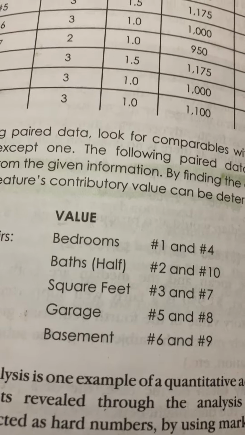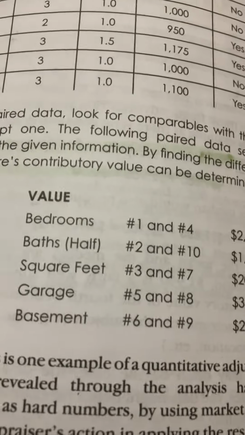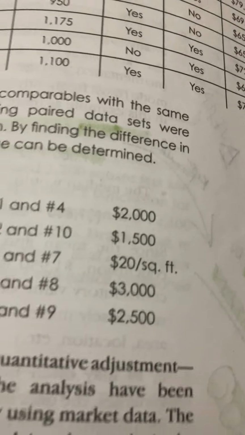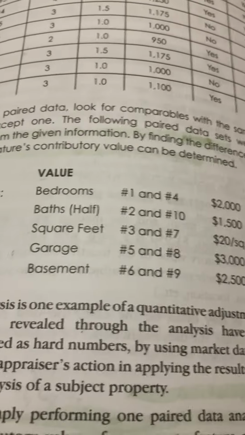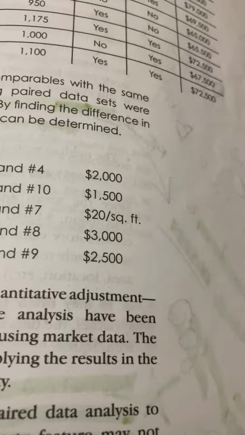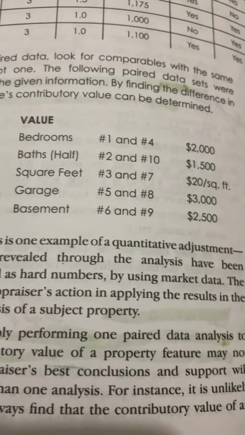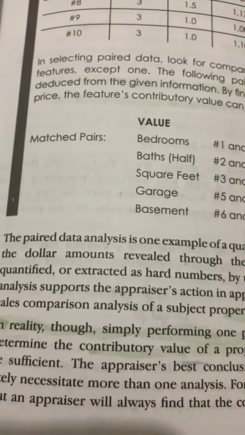And then same thing goes for the square feet, the garage, and the basement. You look at the matched pairs. That's how you get your $20 a square foot, your $3,000 difference for a garage, and your $2,500 difference for a basement. The paired data analysis is one example of quantitative adjustments.